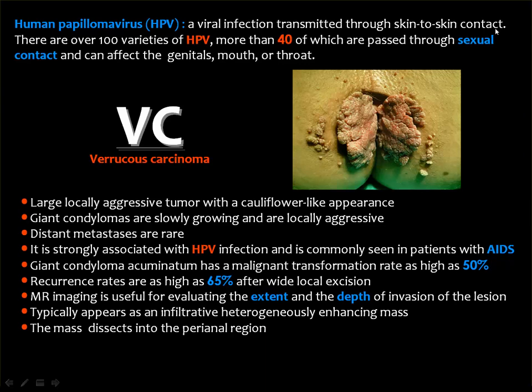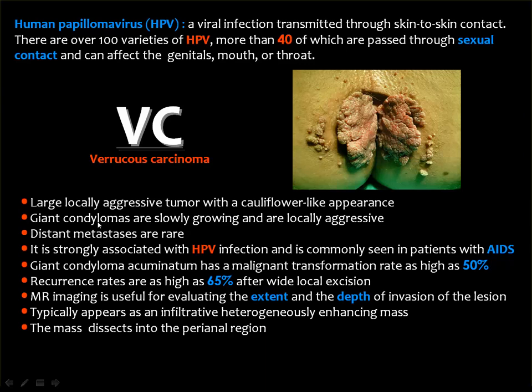and there are over 100 varieties of the virus. More than 40 of them are passed through sexual contact and can affect the genitalia, the mouth, or the throat. Then this tumor is a large size tumor, locally aggressive with a cauliflower appearance.